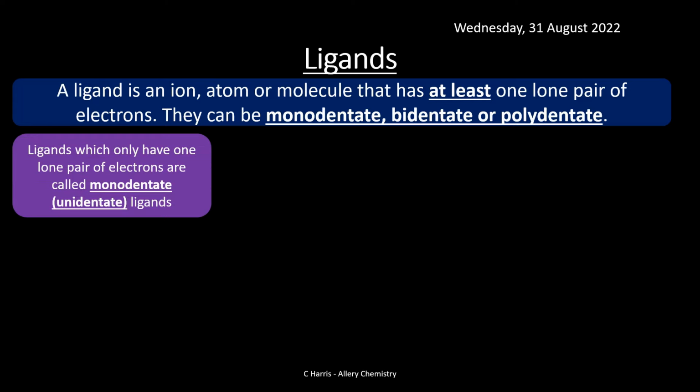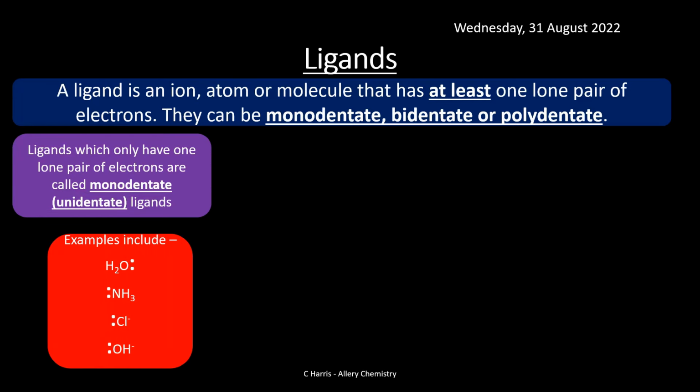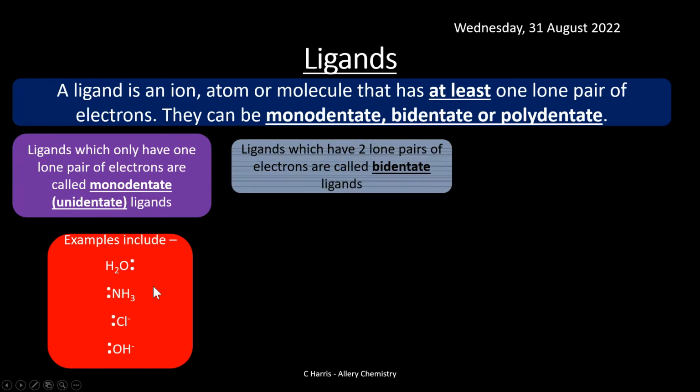Ligands which only have one lone pair are called monodentate ligands. Sometimes they're known as unidentate. So, let's have a look at some examples. Water is a monodentate ligand. So is ammonia, chloride ions, and hydroxide ions. These are some of the common monodentate ligands you'll see.